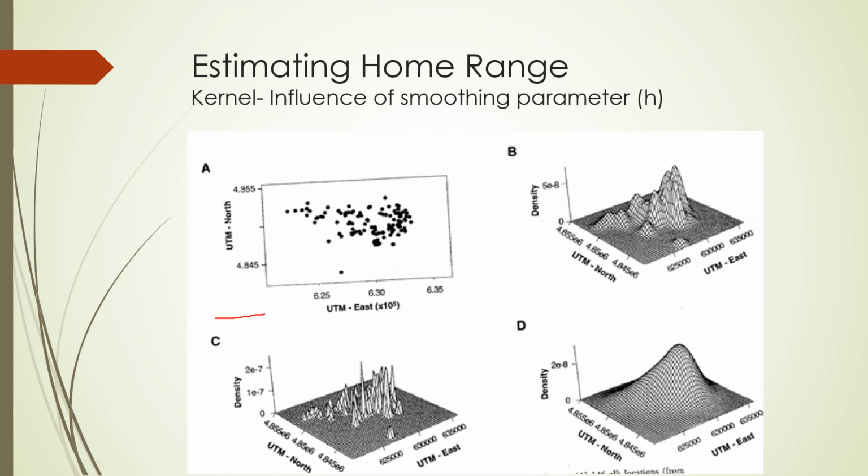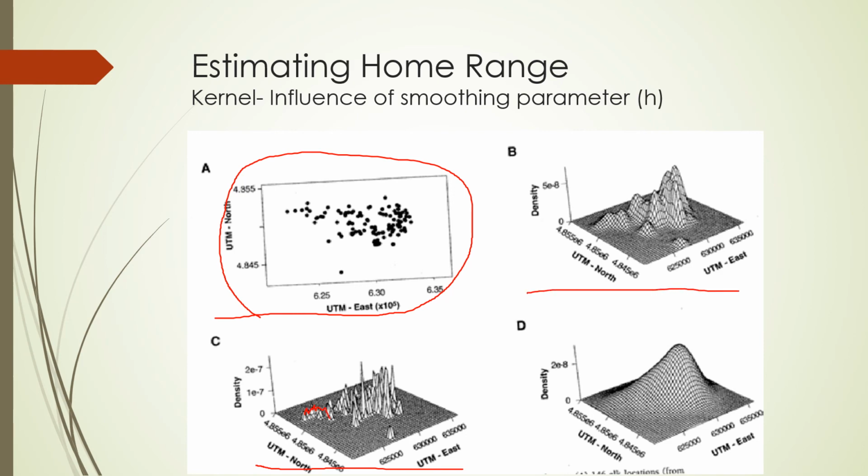So say you have a typical set of data where you've got some locations of an animal. If you use a very small smoothing factor, you're going to get lots and lots of little peaks. If you use more of a medium one, then those peaks are going to mesh together and become smoother. And then finally, if you use a very large smoothing parameter, you're just going to get an overall smooth shape to that distribution.